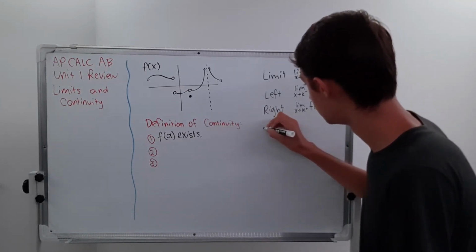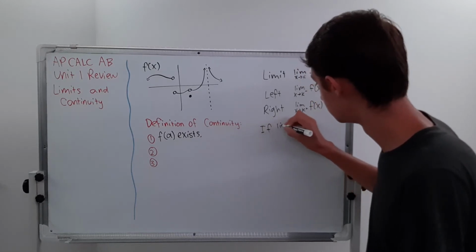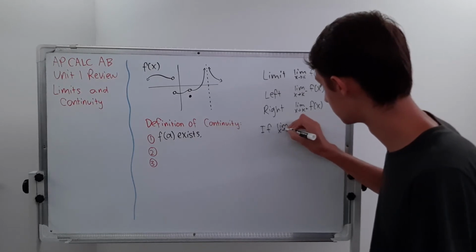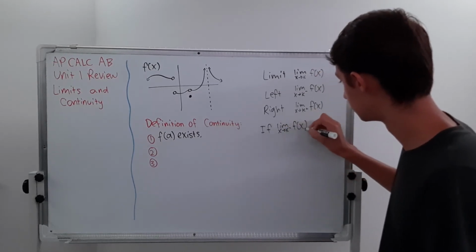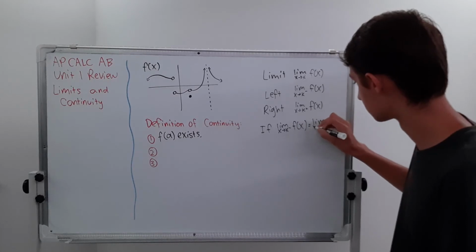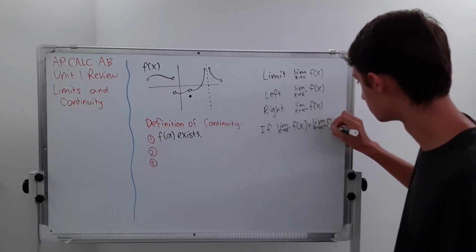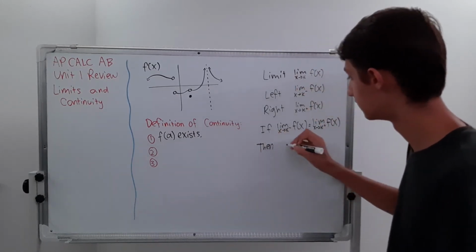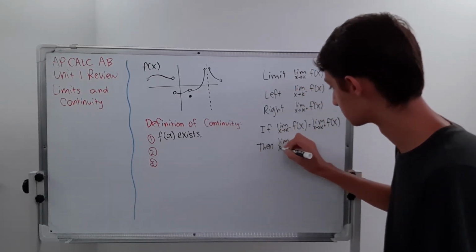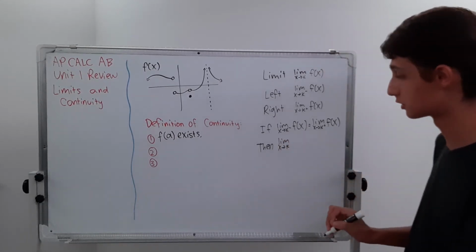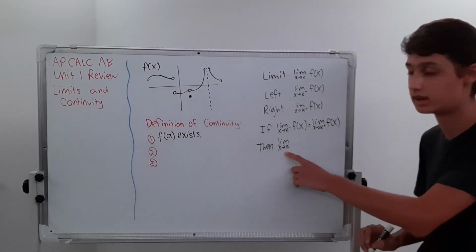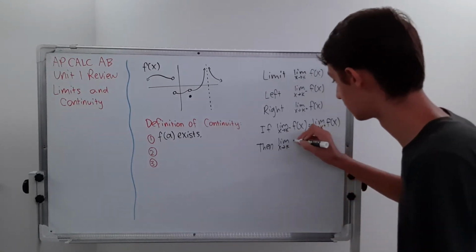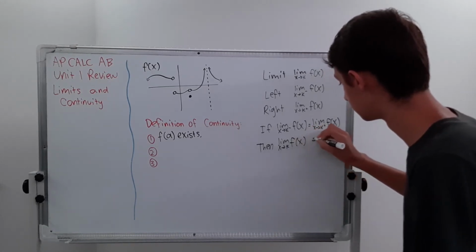So we can say if lim x approaches k minus of f of x is equal to lim x approaches k plus of f of x, then the limit as x approaches k, not to any particular direction, so when you're talking about the limit with just k without the minus or the plus, that means from both directions, taking into account both directions, then this exists.